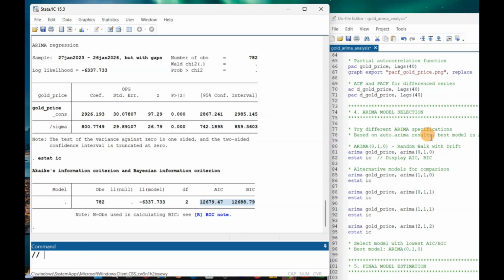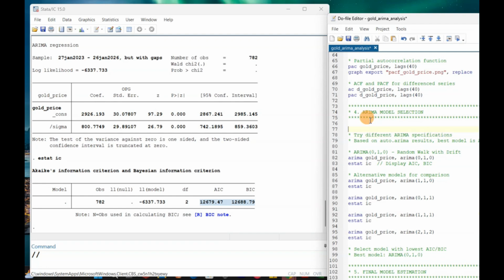After running the model, please type estat IC. Who can tell me the Akaike information criterion we are having for the new model? 6,560.